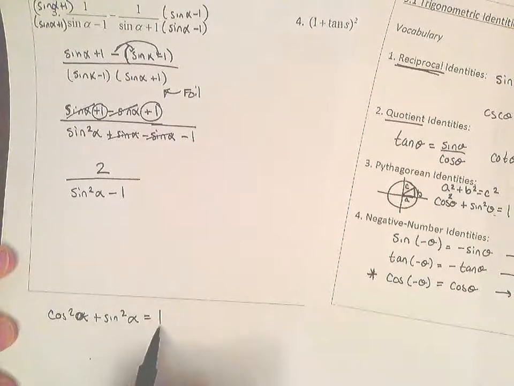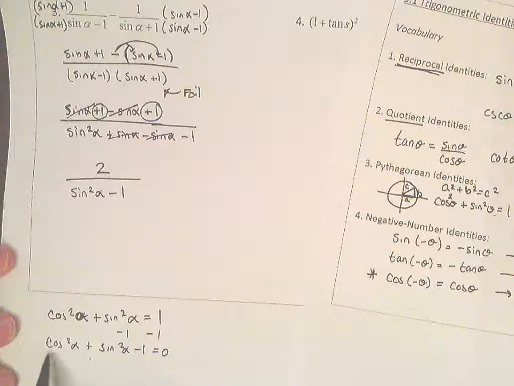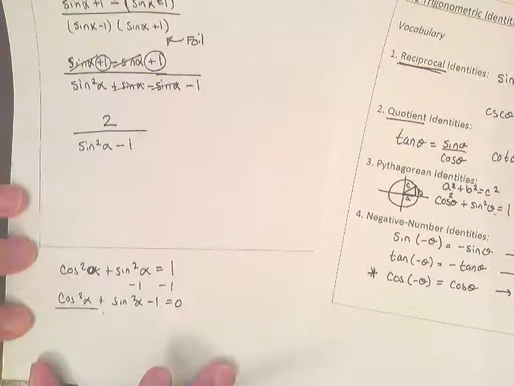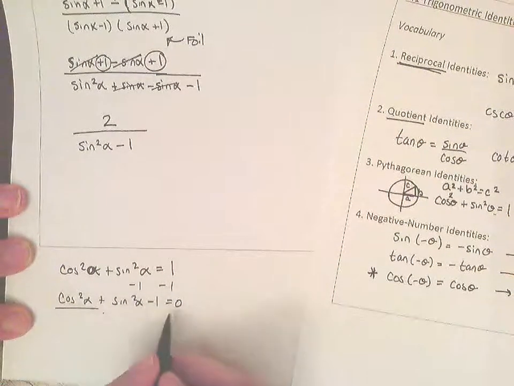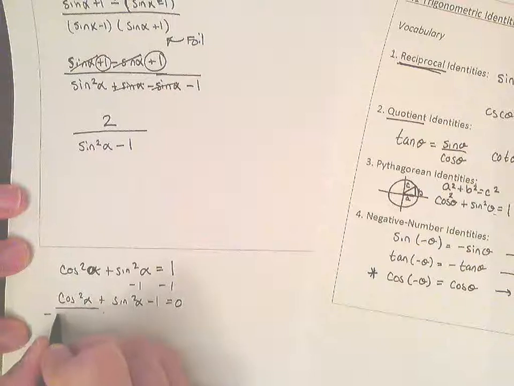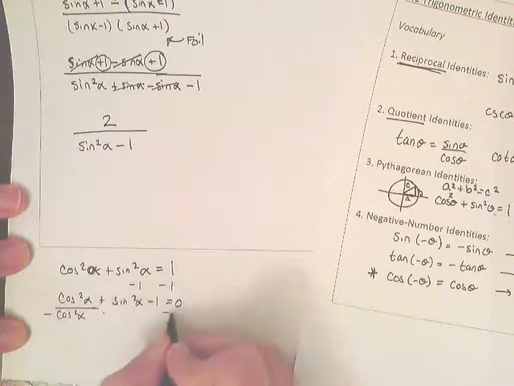So if I move this 1 over, so I have cosine squared of alpha plus sine squared of alpha minus 1 equals 0. But what do I got to do to that cosine squared of alpha down here? Move it over to this side of the equation. So I subtract cosine squared of alpha from both sides.